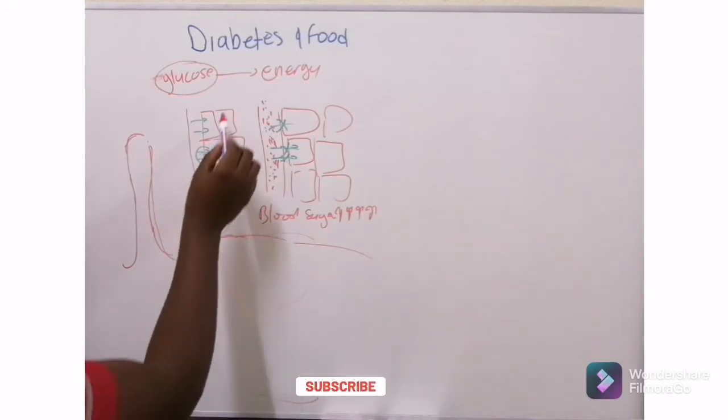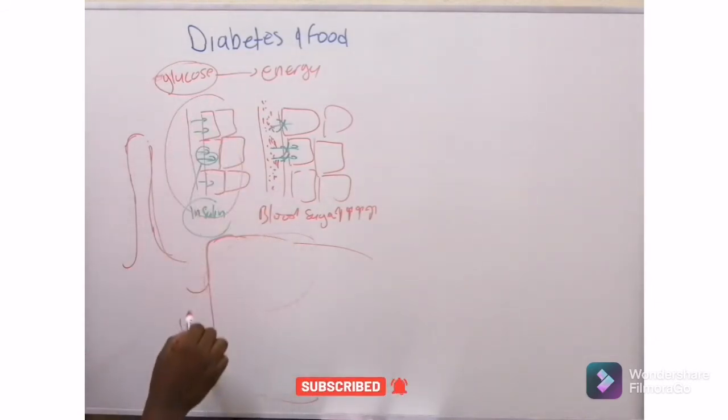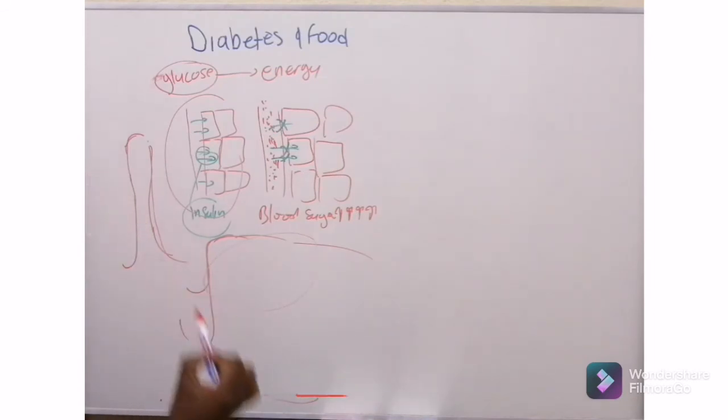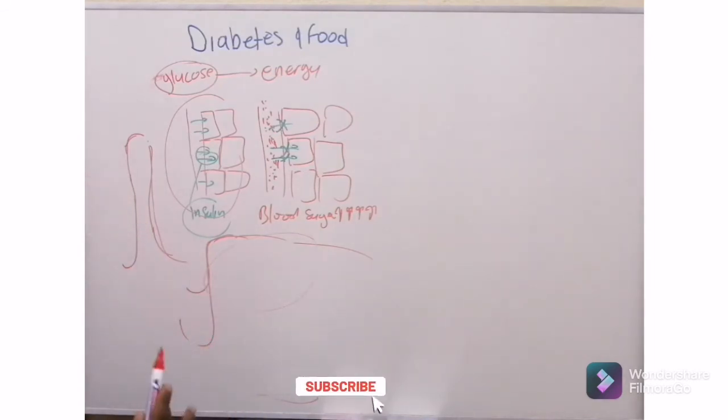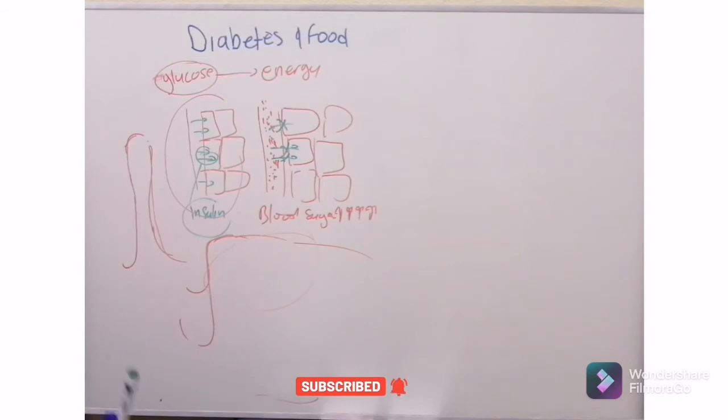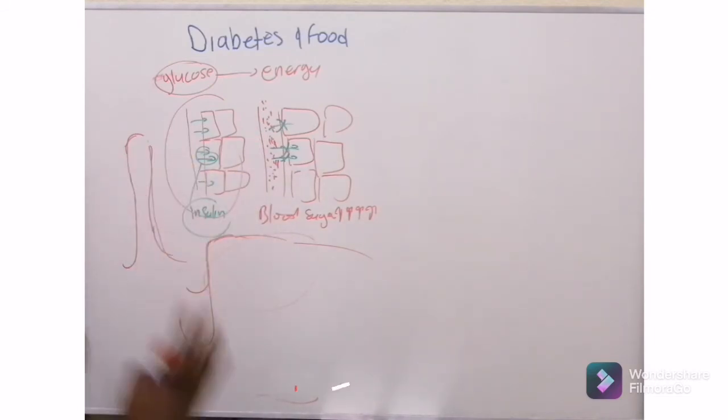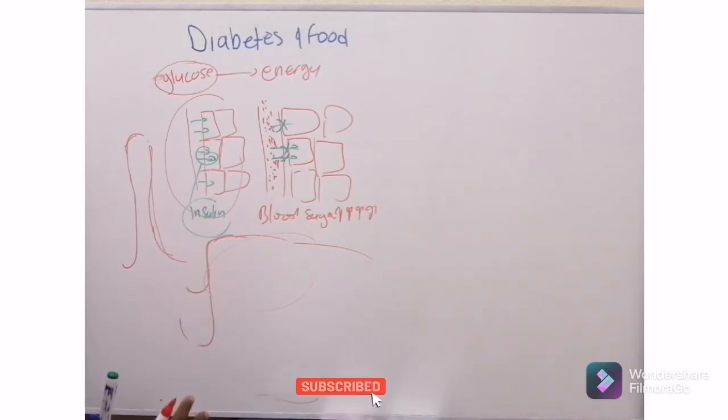So this is a normal person who eats whatever they eat. Their blood sugar goes up, then it goes down, because the insulin is taking the blood sugar and transporting it into the cells. But for a person who's diabetic, they've eaten, and the sugar becomes very high in their blood.